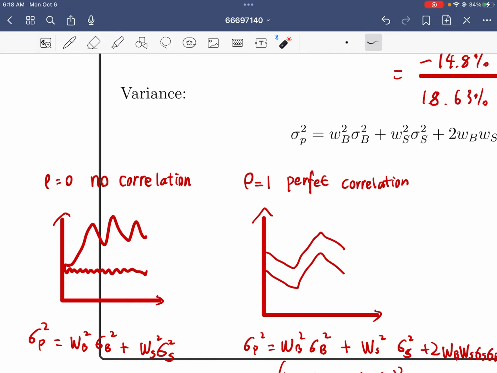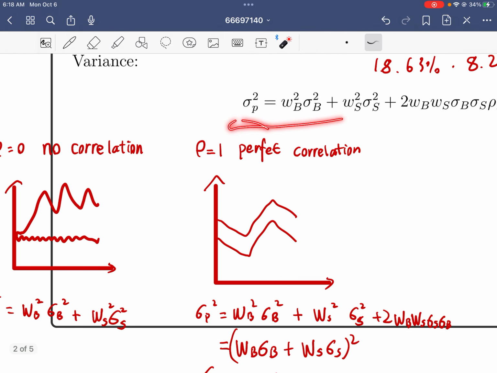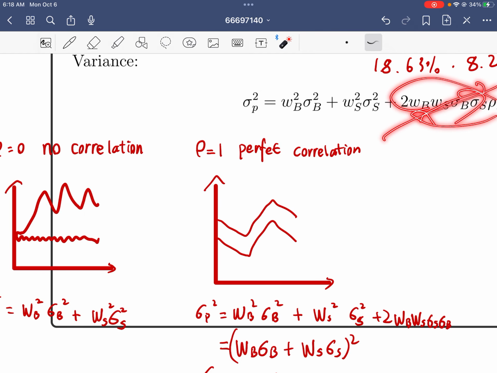So they literally do not move together, so they have no correlation, where we can simplify the equation for the variance. We put 0 here, so it eliminates the third term. We only have the previous part.